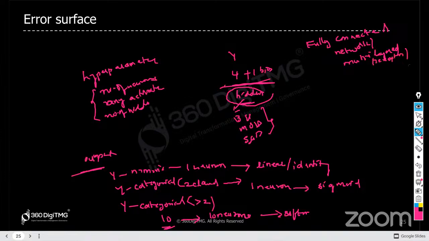Multi-layered perceptron or dense network or artificial neural network. There are multiple names present for this. So when do we call it an artificial neural network or fully connected network or dense network? When each neuron is connected with every other neuron.